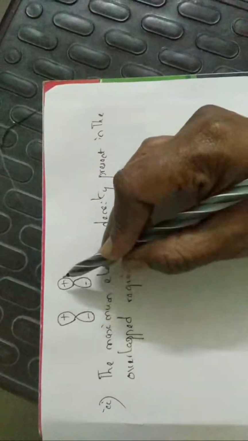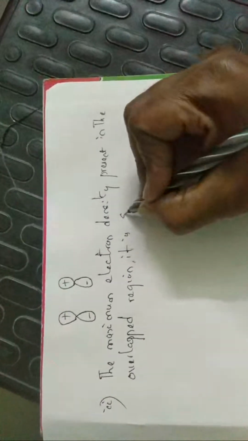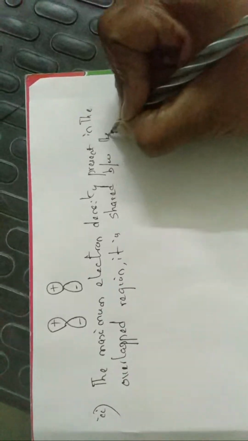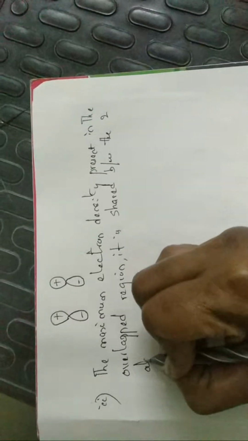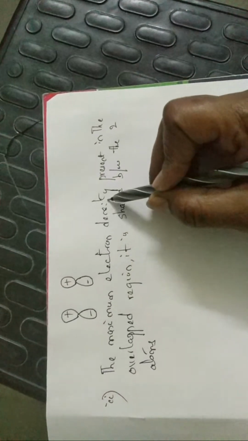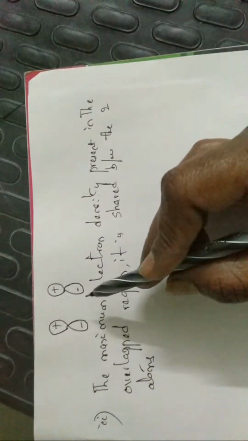So it is shared between the two atoms. What is shared between the two atoms? The maximum electron density present in the overlapped region is shared between the two atoms.